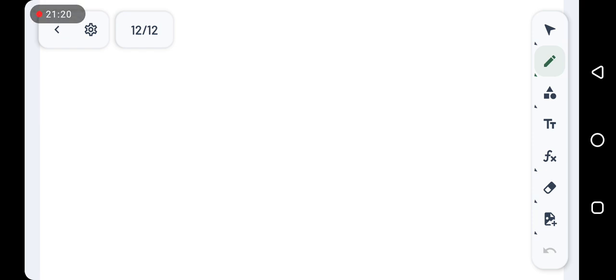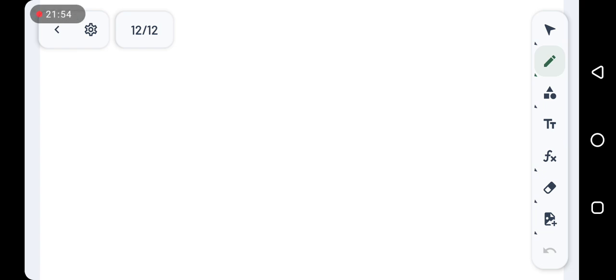This one says, what is the speed of sound at 100 degrees Celsius if the velocity of sound at 0 degrees Celsius is 340 meters per second? Now this is a question from velocity under temperature variation.